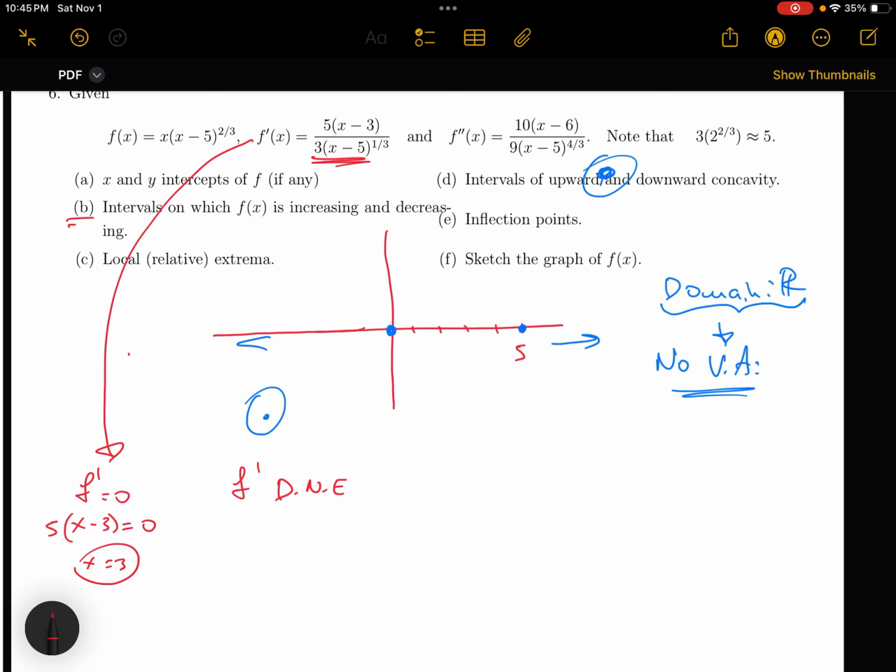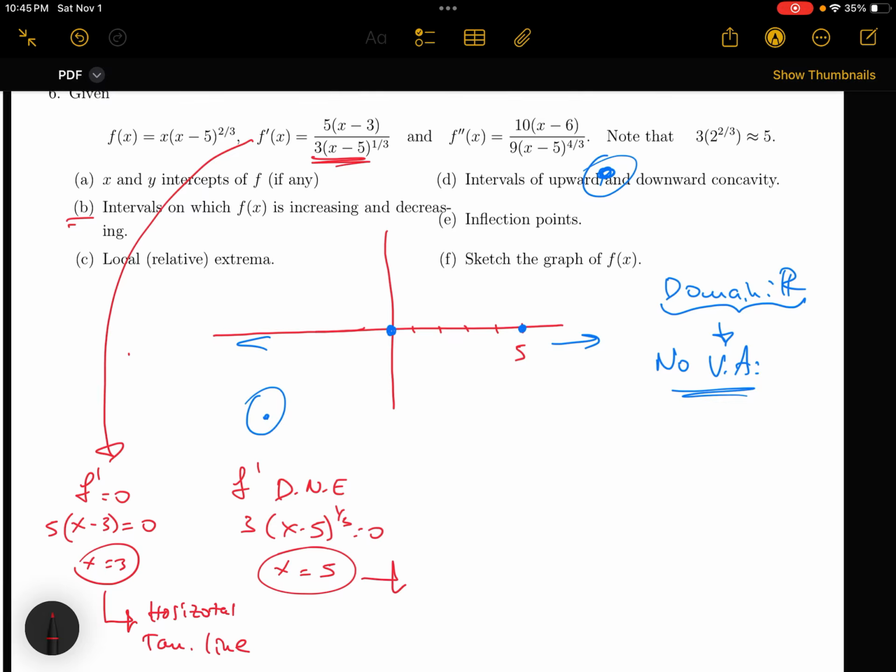It will not exist when the denominator is 0, so 3 times x minus 5 to power 1/3 is equal to 0, which means x is equal to 5. The first derivative being equal to 0, what does it say? It has horizontal tangent line.